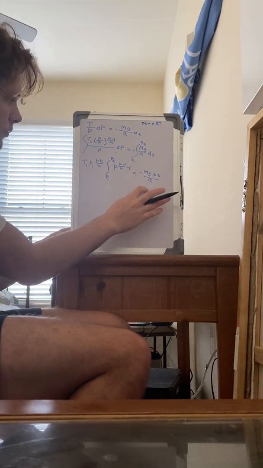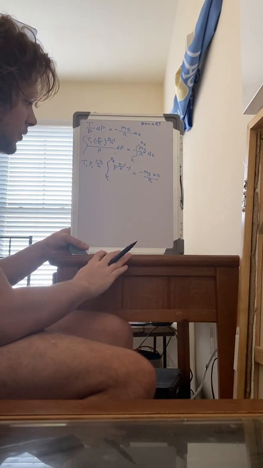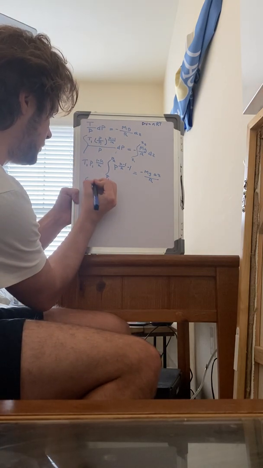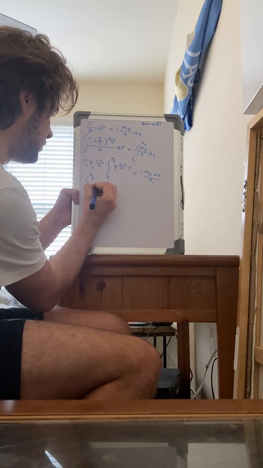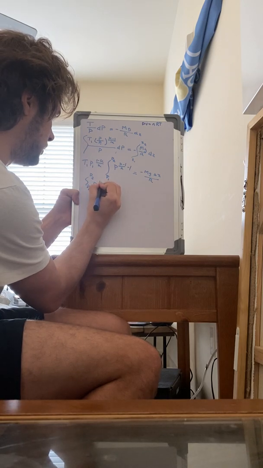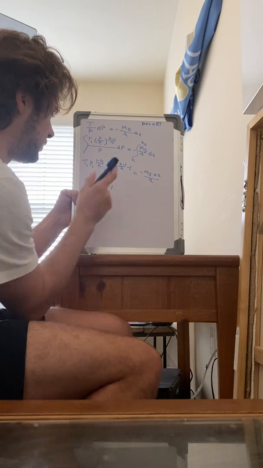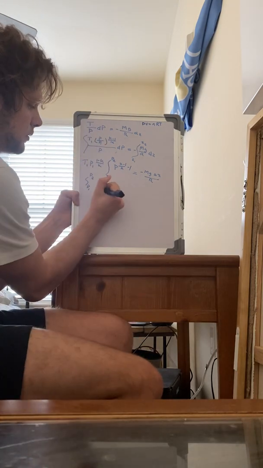I'm going to move my T1 and P1 over to that side. P1, P2, K minus 1 over K, minus 1. That's kind of hard to see that that's an exponent.